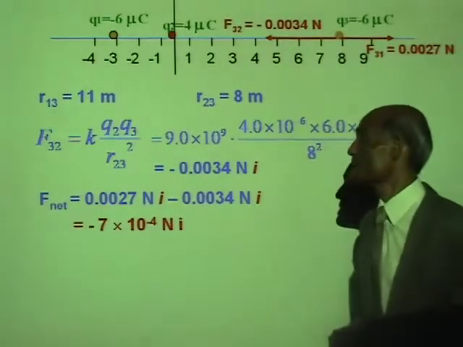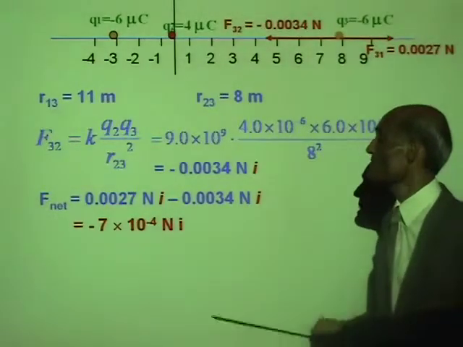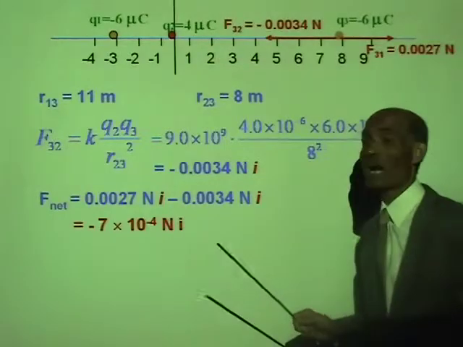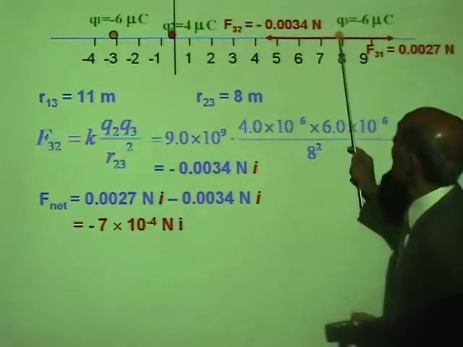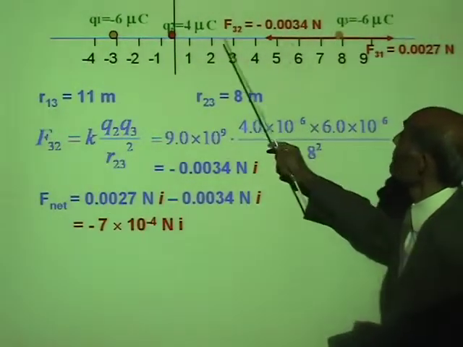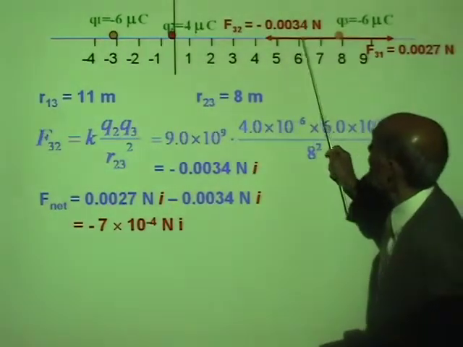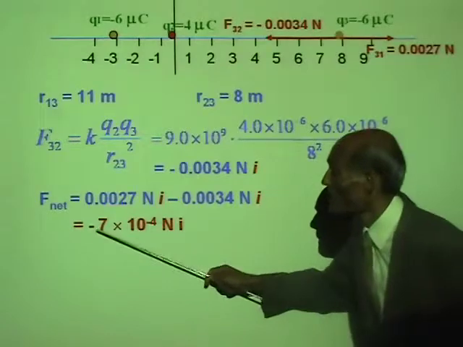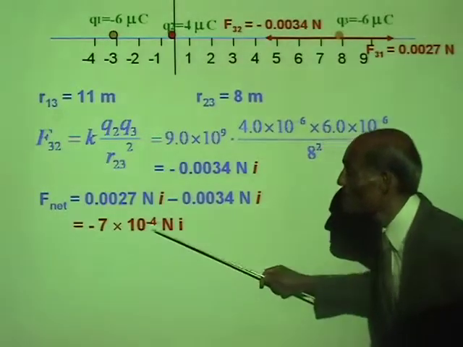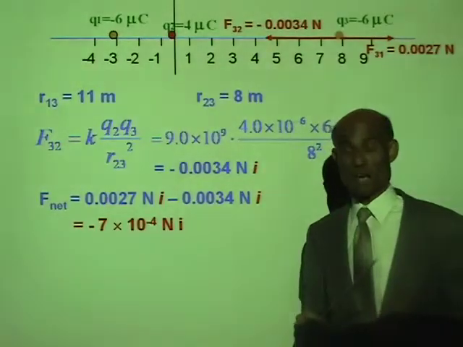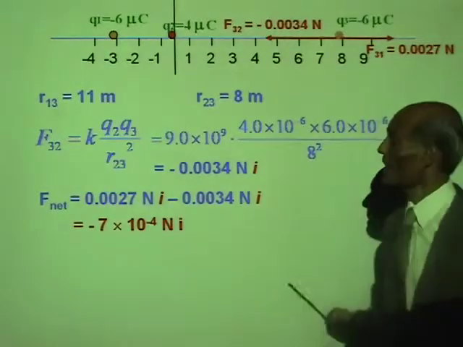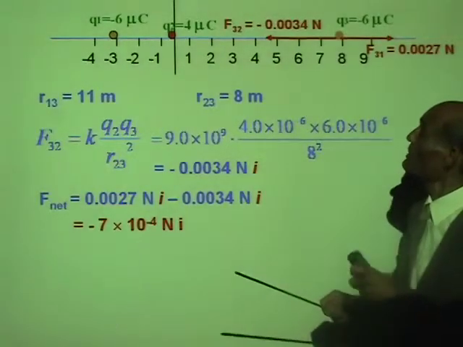That gives me negative 7 times 10 to the negative 4 Newton I. So the net force on Q3 by these two charges is a force directed in the negative x direction, and its magnitude equal to this. Alright? That's a very simple way of doing that problem. Let's go and do another one.